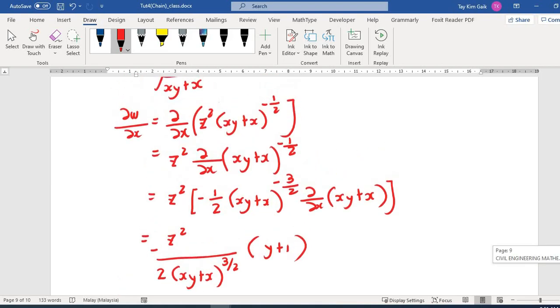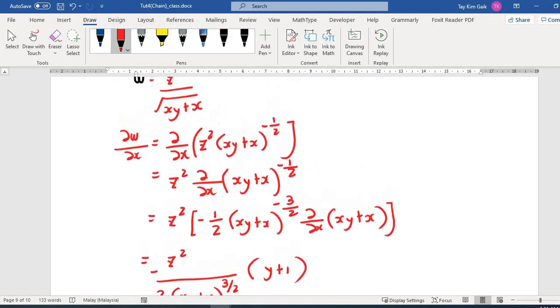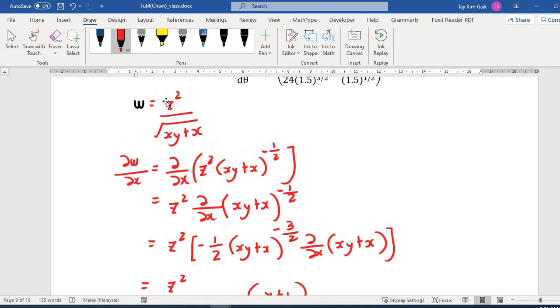Okay, this is del w, del x. Z squared over square root of xy plus x. The square root is power half, bring up, so it's easy to do your differentiation. So xy plus x power negative half. When you del x, z squared is constant, so factor out your z squared.